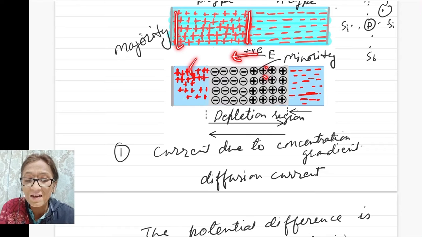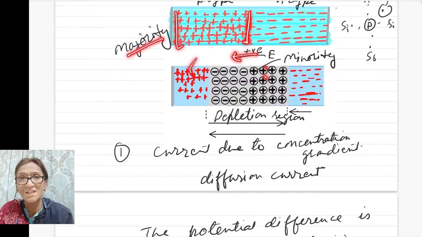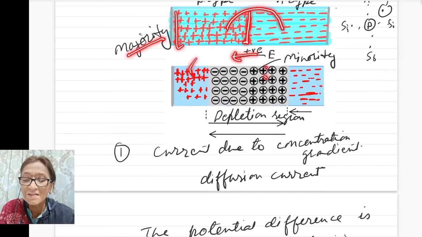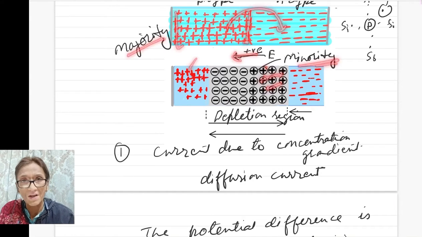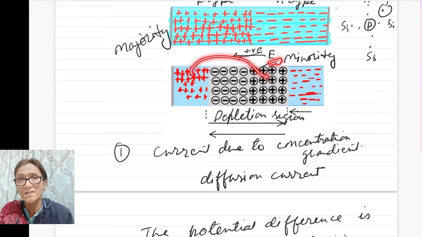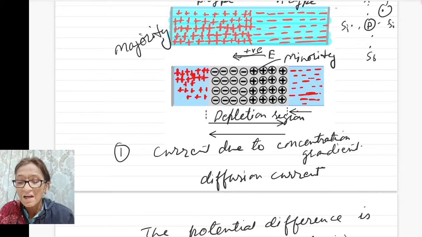Here all the positive charges were majority, but when some of them transferred to this side, they became minority. Now, these majority charges cannot move to this side because under the influence of this electric field, only positive charges move, and negative charges from this side cannot move to this side.